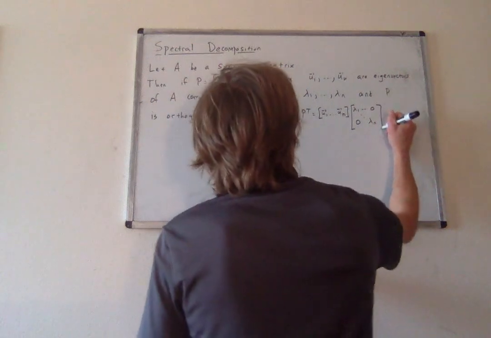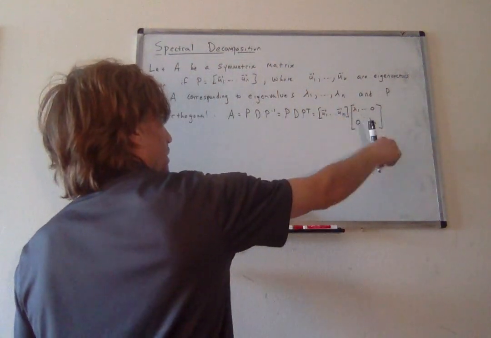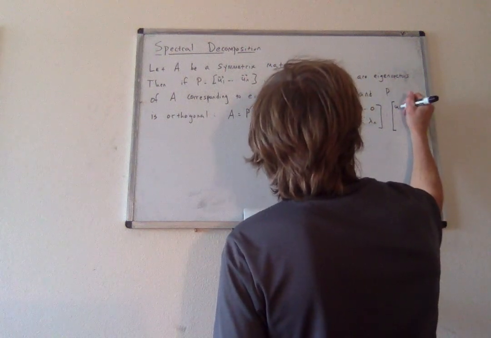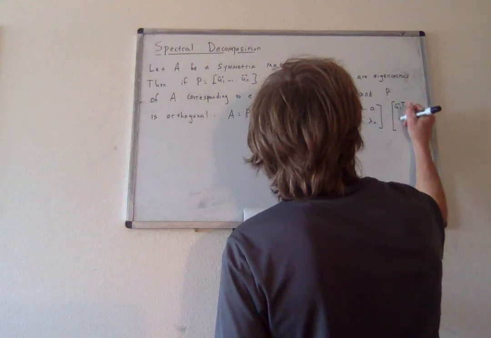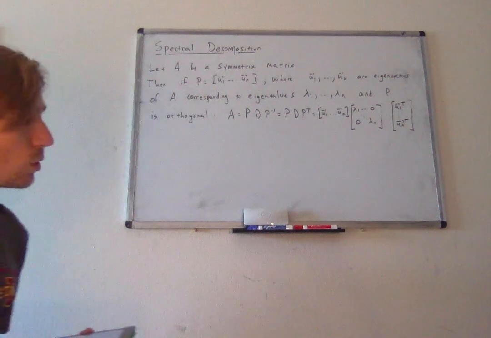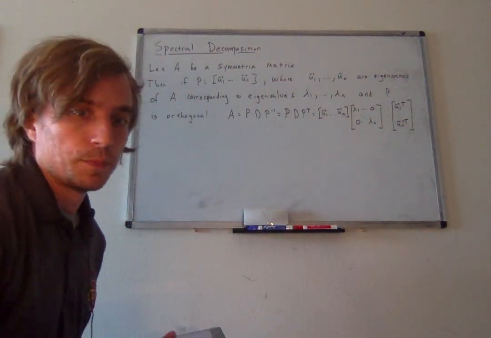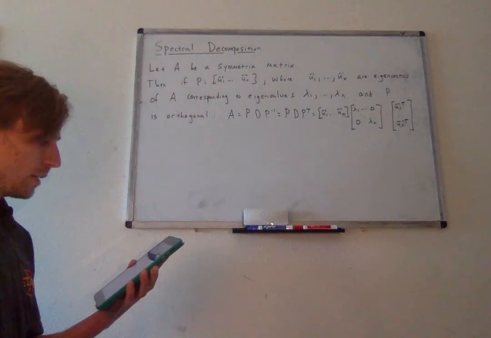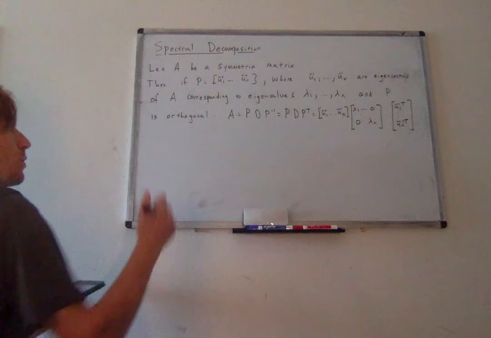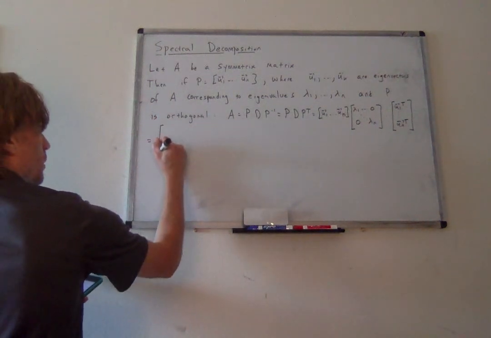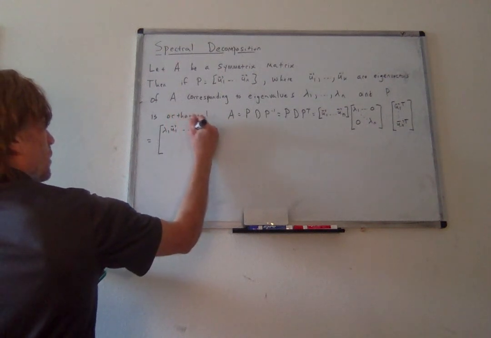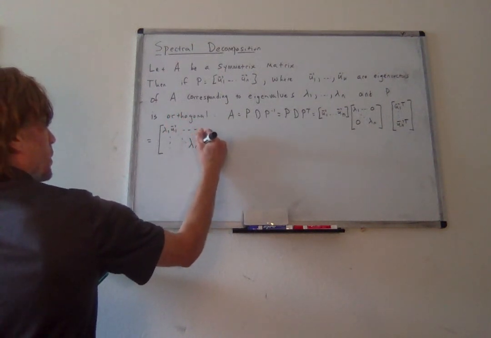Here, this is P, this is the diagonal matrix D with the corresponding eigenvalues on the diagonal, and P transpose, remember, is this matrix where we know the rows of P transpose are equal to the transposed columns of P. And so if we distribute these U1s through the diagonal matrix, we get lambda 1 U1 through lambda n UN.